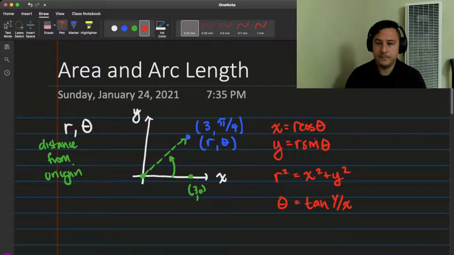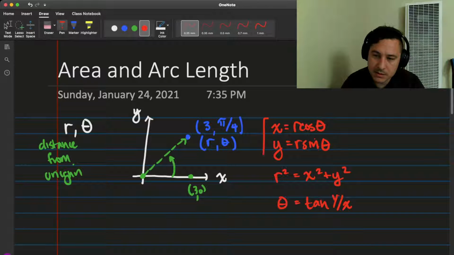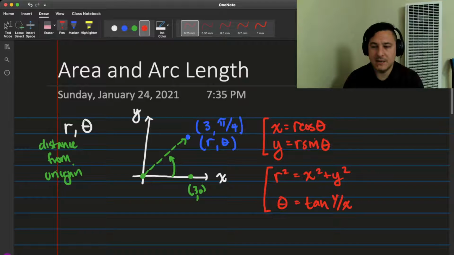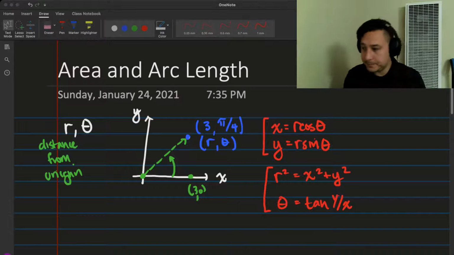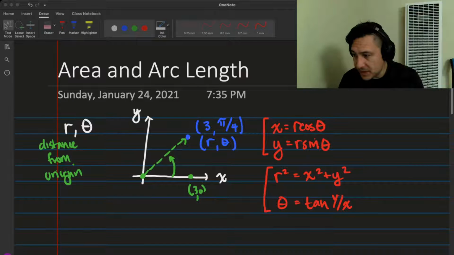Cool. So you can think of these as pairs to help you translate between them. When I wrote this last time, I think I took the square root of both sides of the r squared equation, and I wrote the theta equation in terms of tan inverse, but it's the same thing. Okay. So hopefully this is ringing a bell.